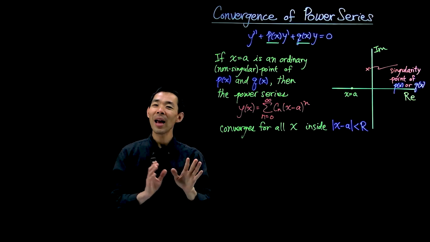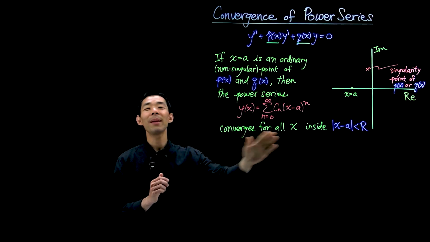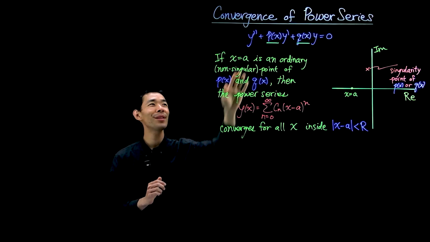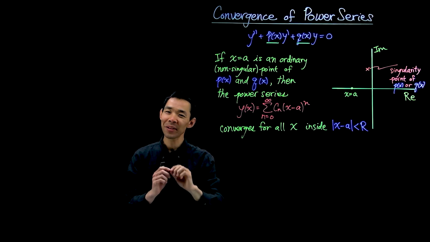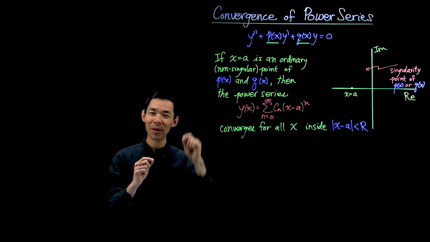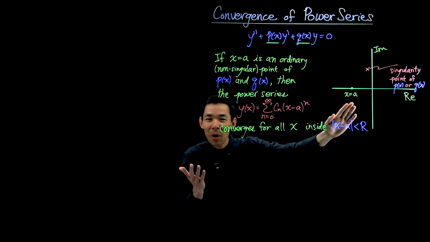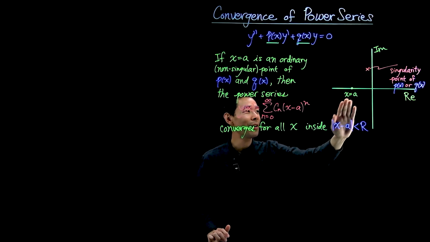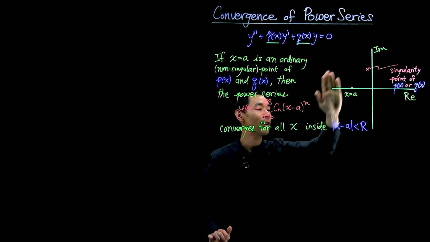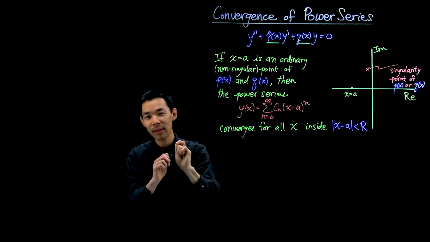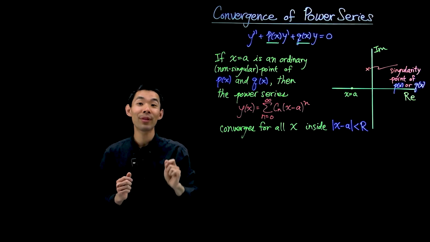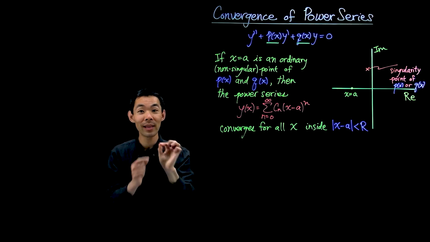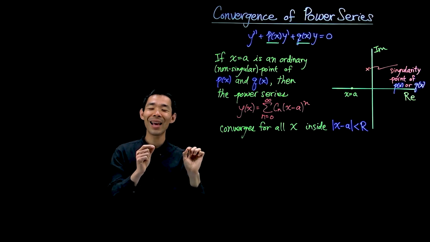Let's suppose, hypothetically, that we wanted to develop a power series solution to this equation at this point x equal to a. Now, it doesn't necessarily need to fall along the real axis, but let's suppose it's a point here along this real and imaginary plane, and you want to develop a solution around here. Similar to the Taylor expansion, we're doing an expansion about some position, x equal to a.